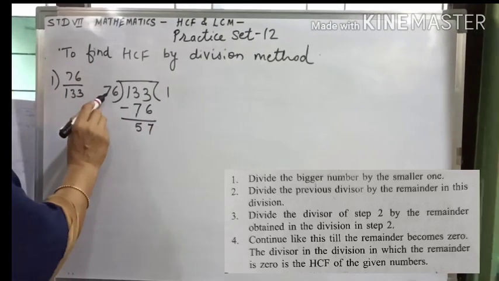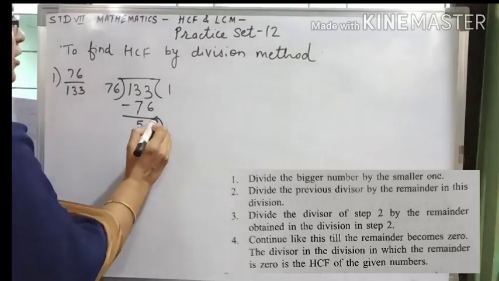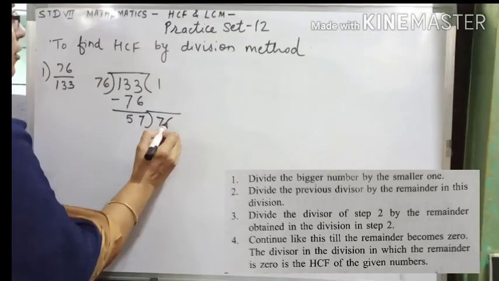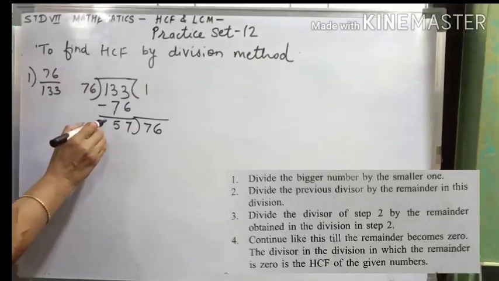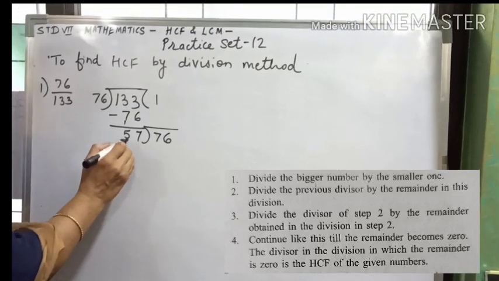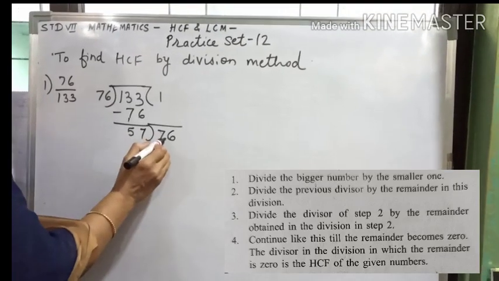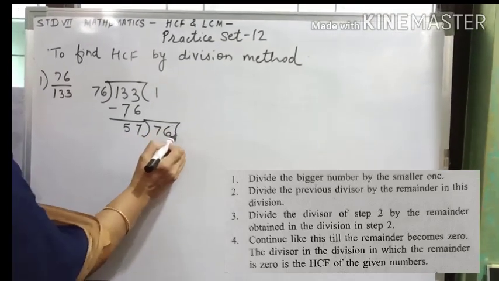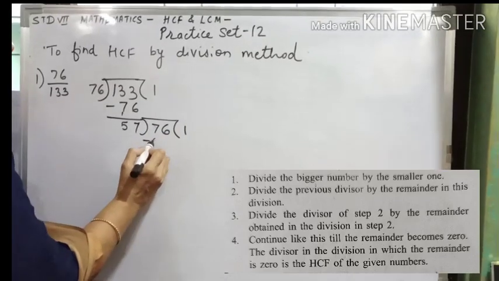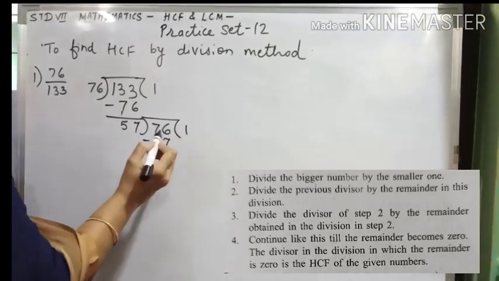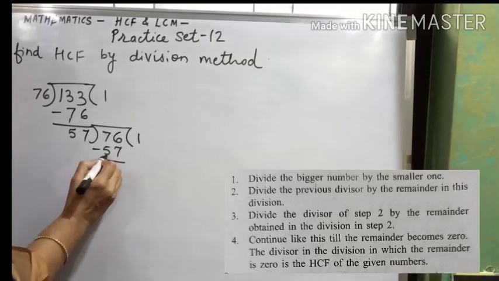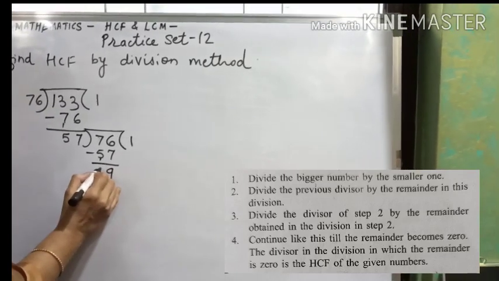Now this divisor you will take as the dividend and the remainder will be now the divisor. So divide 76 by 57. 57 ones are 57. The remainder is 19.